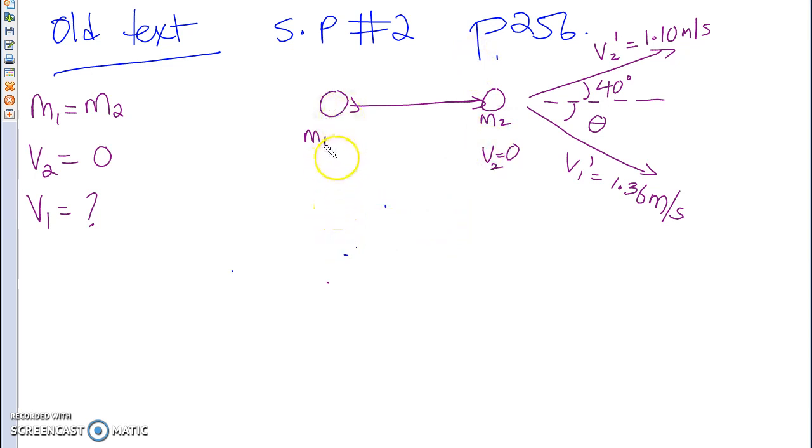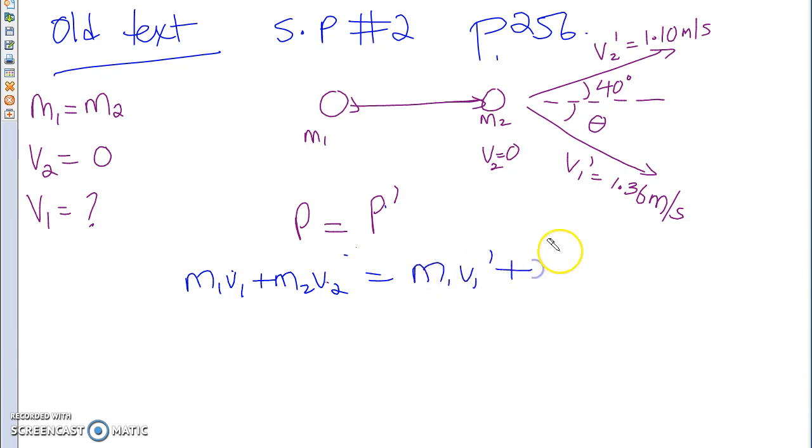Okay, all right, so what we're going to do is say, of course, that momentum before equals momentum after. We're starting with m1 v1 plus m2 v2, which equals m1 v1 prime plus m2 v2 prime. And of course, my object here was at 0.